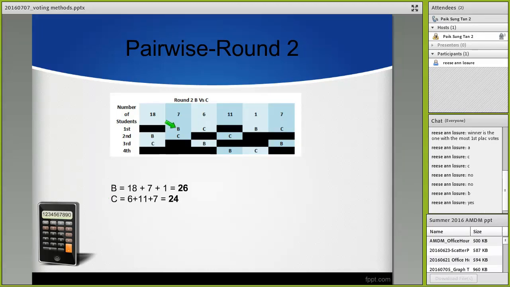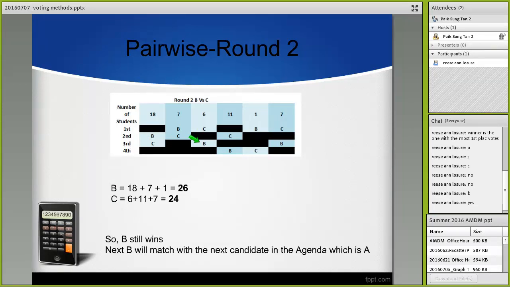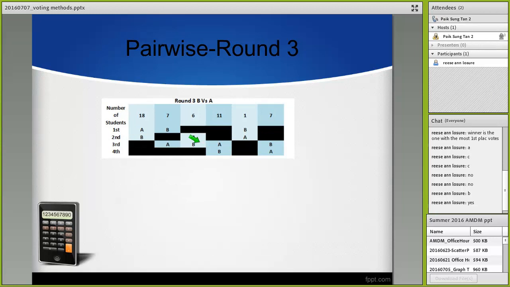All right, B has 26 votes, because when B is at the top, B gets the vote. Yes, good job. You're fast. So B still wins. Because B wins, B competes again with the candidate next in the agenda, which is A.